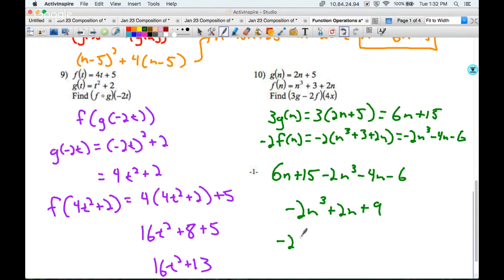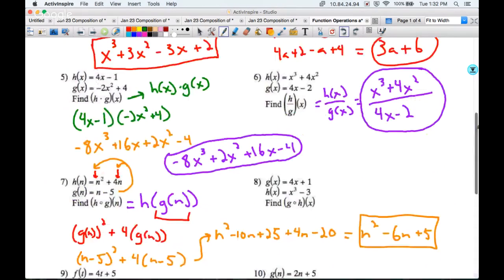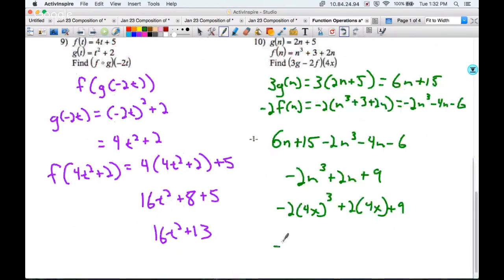So this becomes negative 2 times 4x cubed plus 2 times 4x plus 9. This here becomes negative 2 times 4 to the third, which is 64, right?